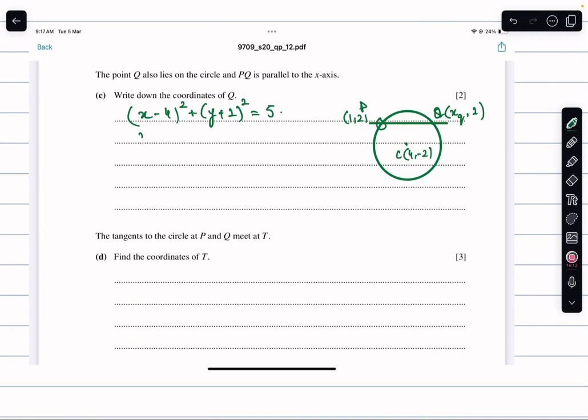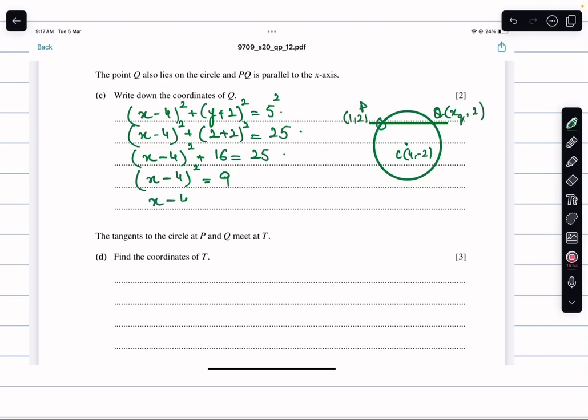I know the y coordinate, which was 2. So substituting that, this is (2 plus 2) squared, and (x minus 4) squared plus 4 squared, that would give me 16, and this equals 25, or (x minus 4) squared giving me 25 minus 16, that's 9.